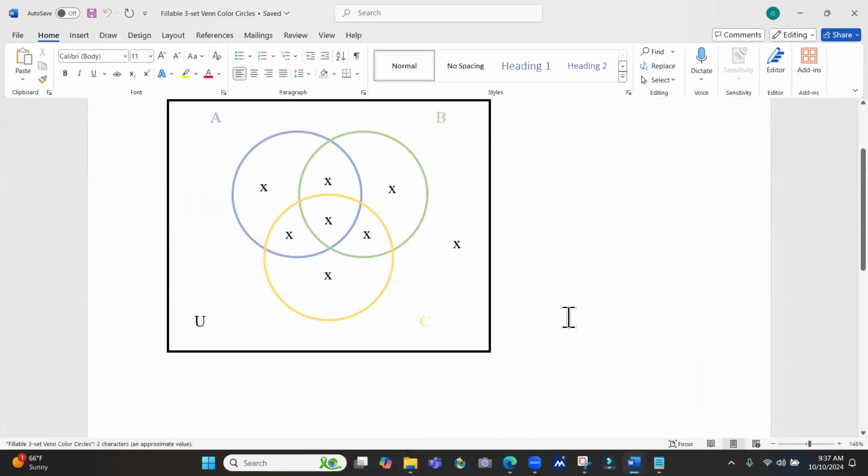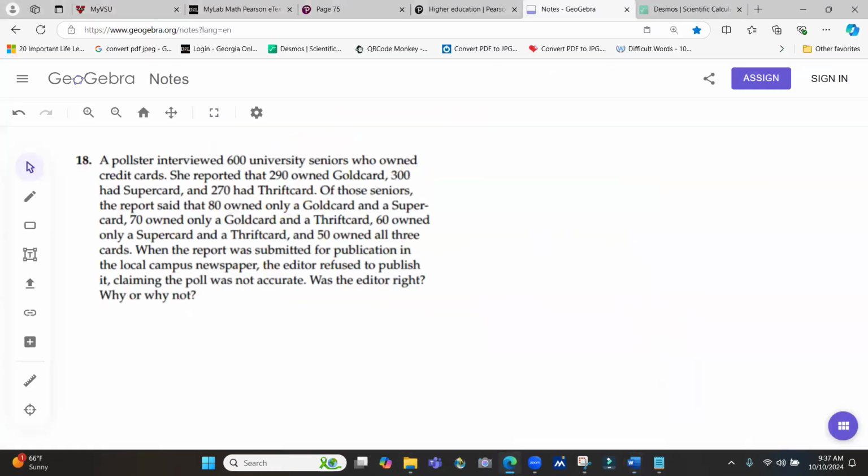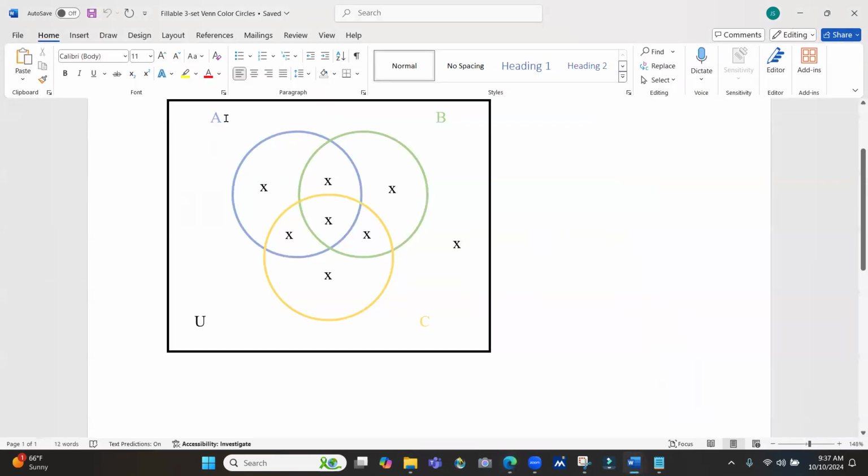Okay, so what are the names of the cards? They are Gold, Super, Thrift. Okay, I'm going to make this Gold, Super, and Thrift. Let's make them black.